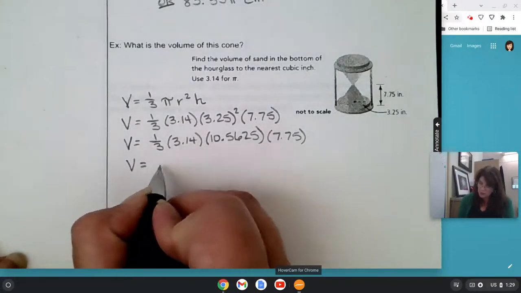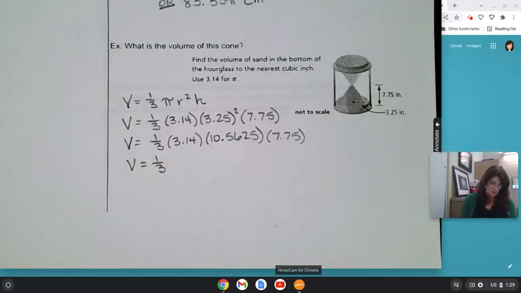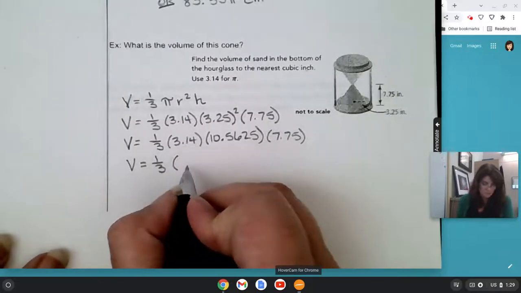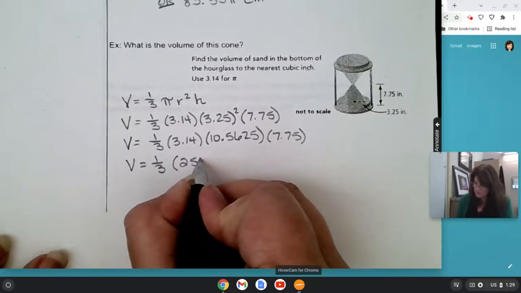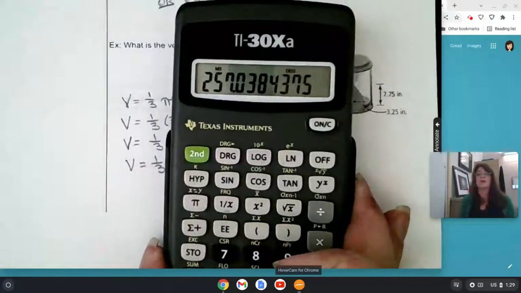Okay, so volume 1/3. Okay, 3.14 times 10.5625 times 7.75 equals, you aren't going to like this number, 257 point, okay, I'll show it to you here on the calculator.